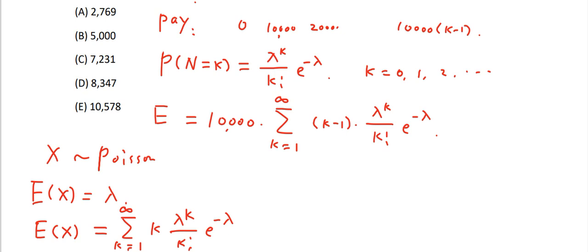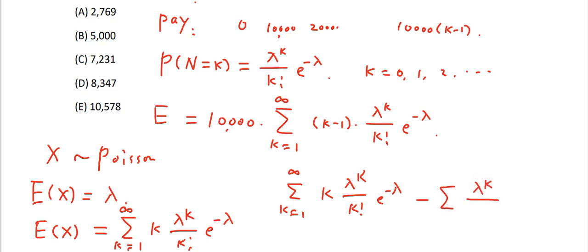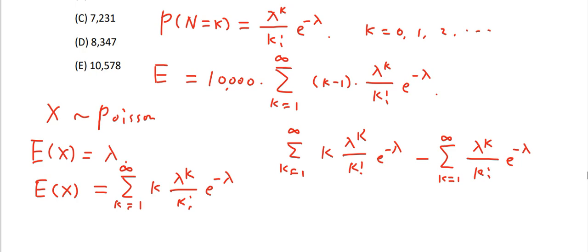Okay, so here we put these two parts: the sum for k equals 1 to infinity of k times lambda to the k over k factorial times e to the negative lambda, minus the sum of lambda to the k over k factorial times e to the negative lambda, k equals 1 to infinity. The first summation we know just equals lambda.